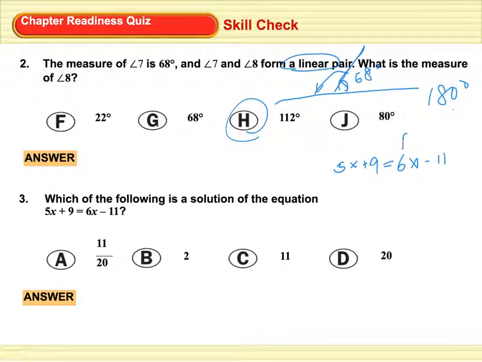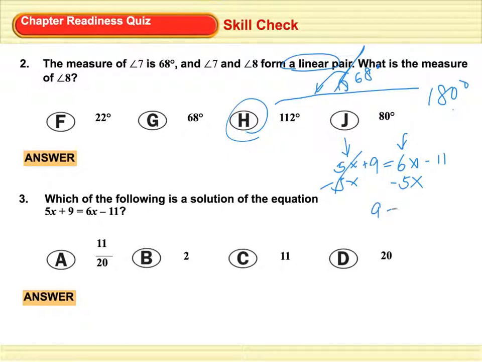You know, what's really annoying is that we've got the variable terms on both sides. So if I can get rid of this 5x on the left-hand side by doing the opposite, I minus 5x. And because I do that on the left-hand side of the equation, I have to do that on the right-hand side of the equation. And that way I can cancel the 5x.